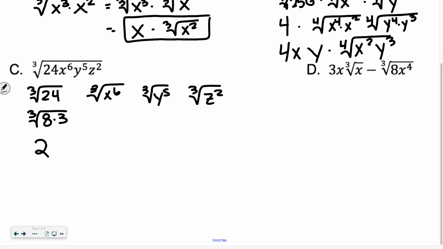And then this cube root of 3, 3 is not on the list of perfect cubes. I'm going to leave some space to see if I can take out any x's, y's, or z's. But I'm going to create a cube root over here, like 3 is stuck there. It's stuck under the cube root. It doesn't come out. So I'm leaving space if I can do any cube roots of the variables, and then I'm leaving space here if any get stuck underneath.